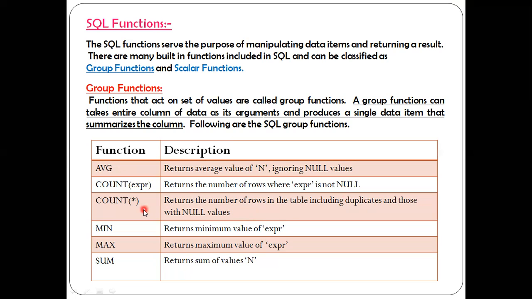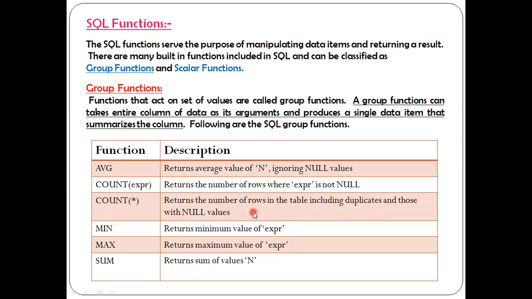Fine. The third function is COUNT of star. COUNT(*) returns the number of rows in the table including duplicates and those with null values.